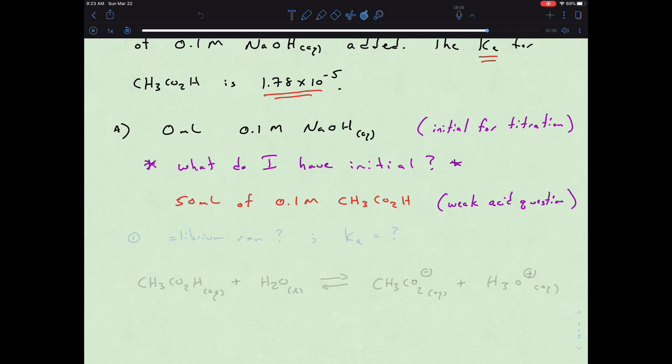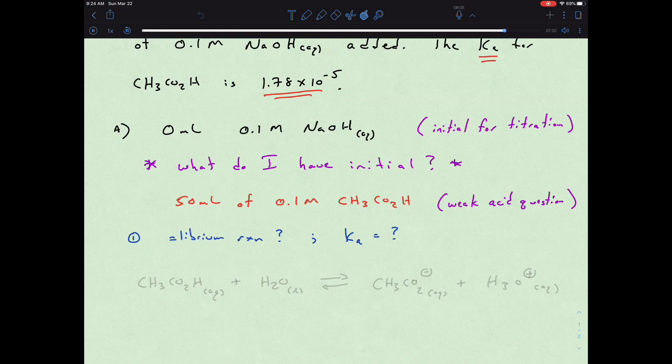So we can then go forward and use our methodology of 1, which would be, okay, what's the equilibrium reaction? And then 2, well then what does our Ka actually equal to?